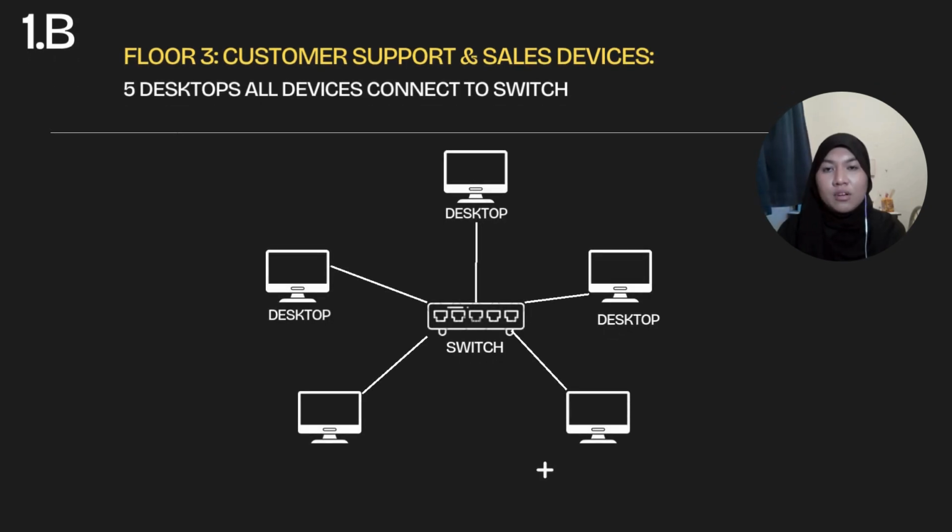And for the last floor, which is floor 3, customer support and sales device, they have 5 desktop, which is all the devices connected to the switch. Like this diagram, you have 5 desktop and 1 switch. All the desktop is connected to the switch.